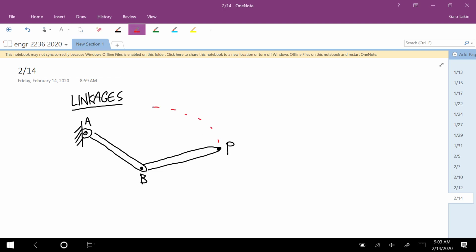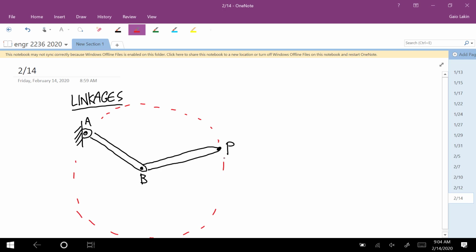This point P is moving in circular motion around B. The center of the circular motion of P is B, right?